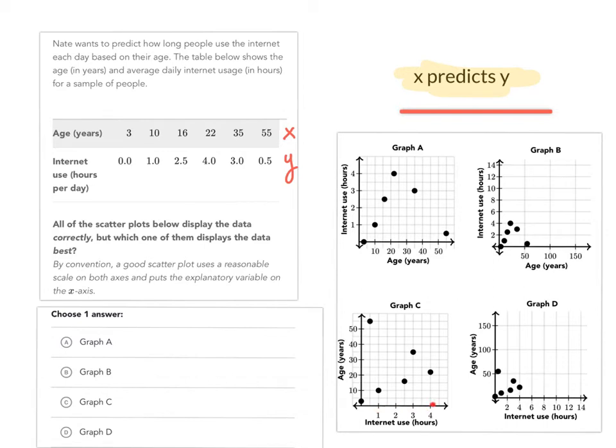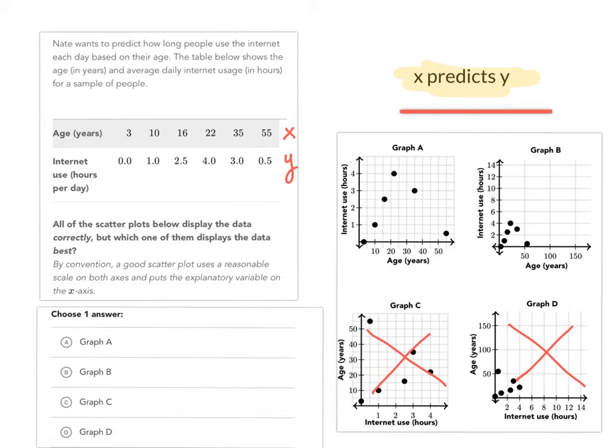Graph C, although the data might be plotted correctly, is really not a possibility because internet usage does not predict how old you are. So C is not a possibility. We're going to cross that off. D is also not a possibility because again, the predictor is not on the horizontal axis. So now we're down to graph A or graph B.